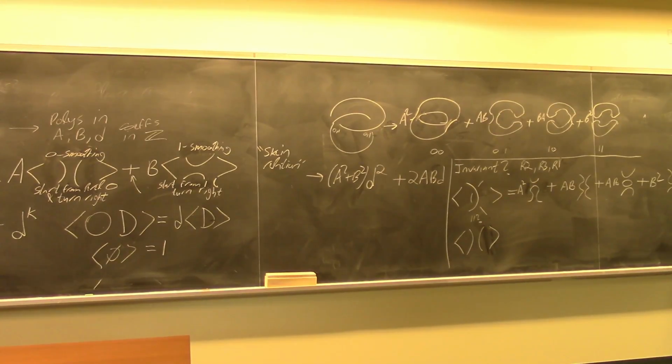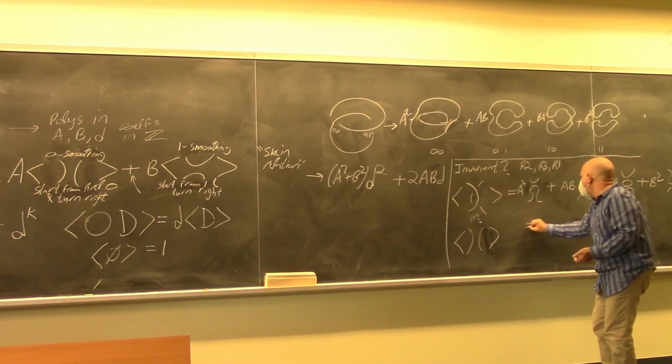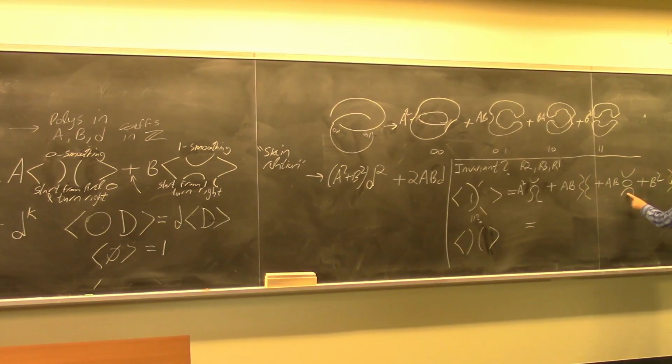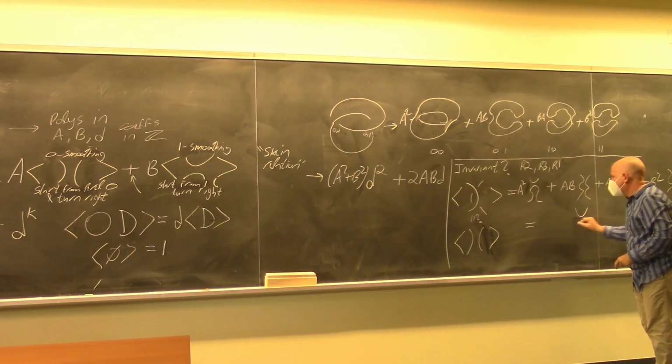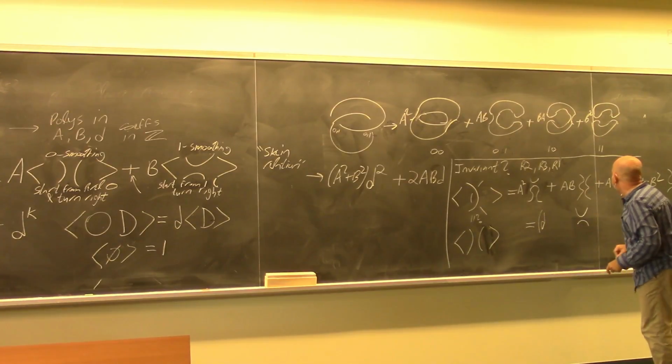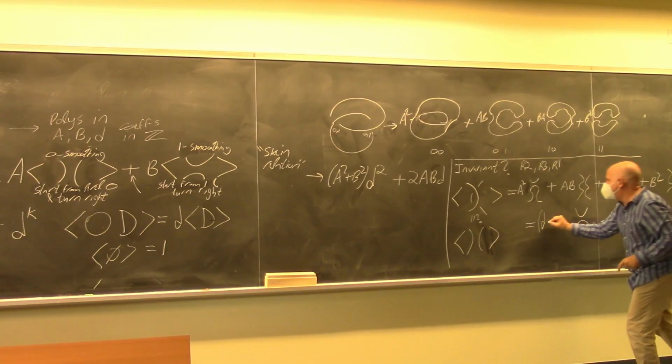Okay? Now let's combine these pictures. So you see, this picture has a circle in it. A circle is worth D. No matter how the rest is expanded, you'll always get a factor of D. So let's remove this circle and call it a D. So you'll get this picture with a factor D. D times AB.